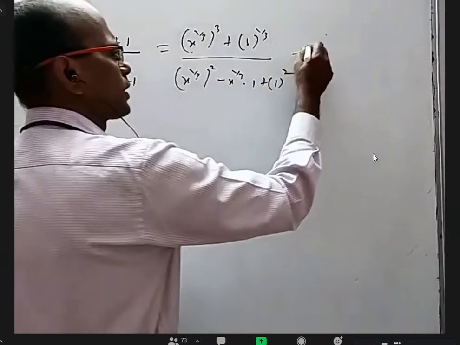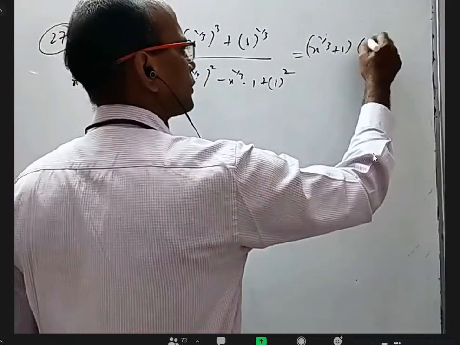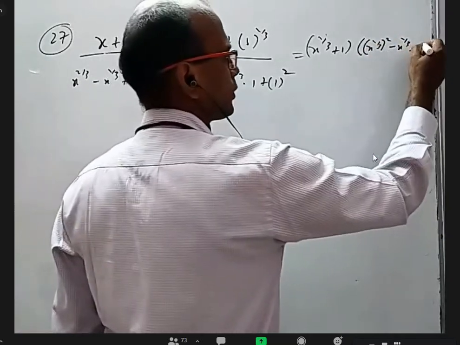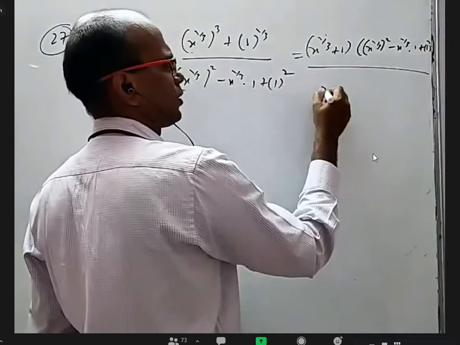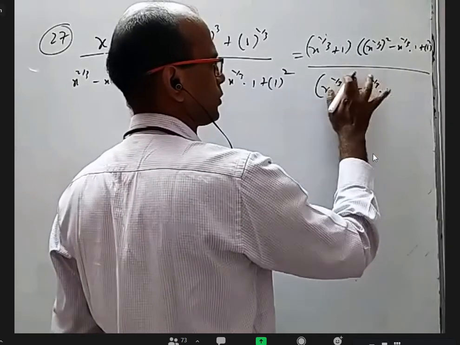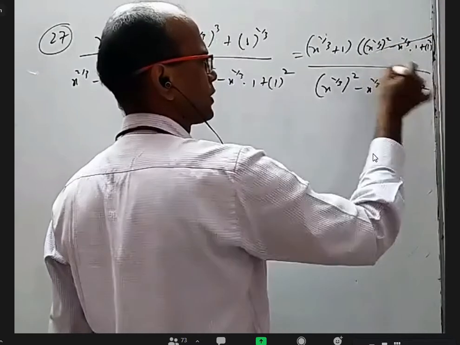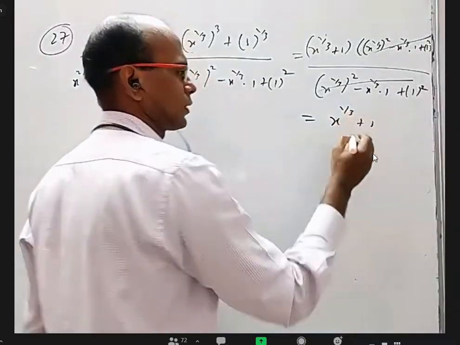A cube plus b cube, I can write as a plus b into a square minus ab plus b square. The denominator is the same, so that gets cancelled. x power 1 by 3 whole square minus x power 1 by 3 into 1 plus 1 whole square. This and this are the same, they'll get cancelled. You will be left with x power 1 by 3 plus 1.